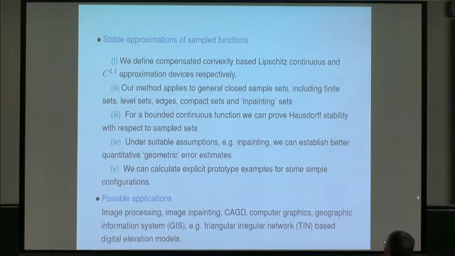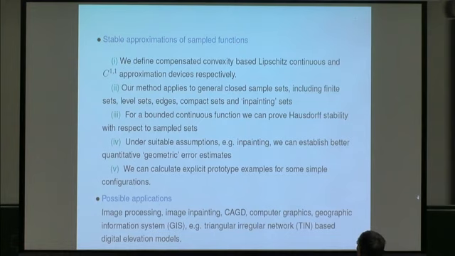The advantage is that this method can apply to general closed sample sets: finite sets, level sets, edges, compact sets, and in-painting sets, which means the complement of a bounded set. We call it an in-painting set.